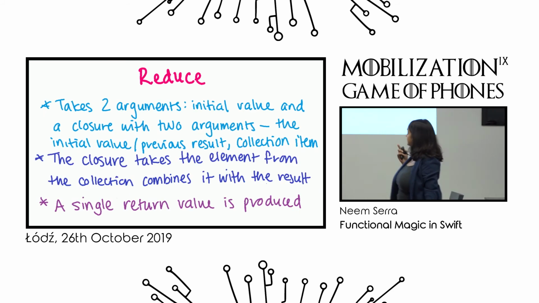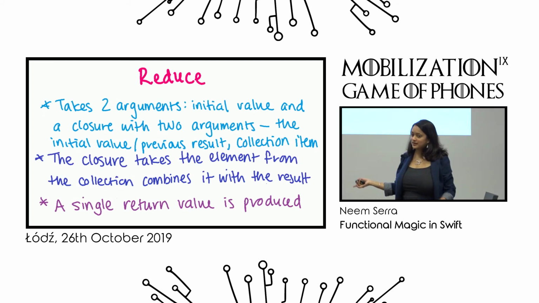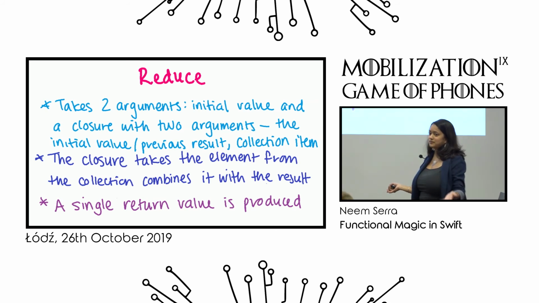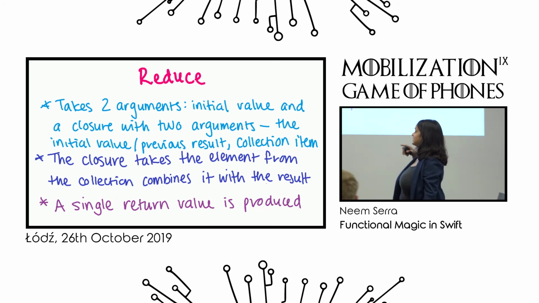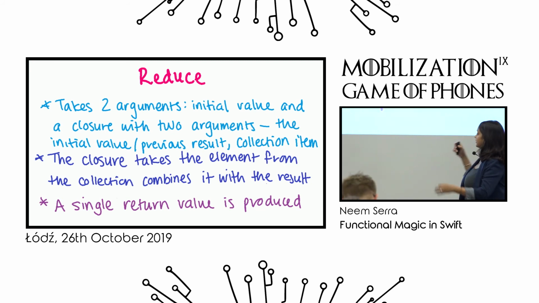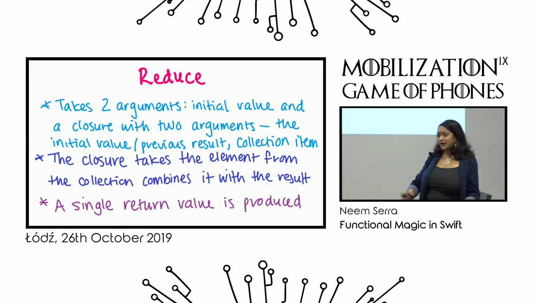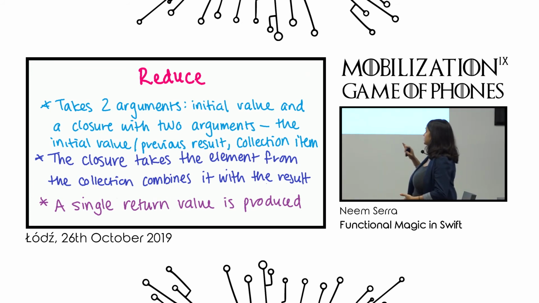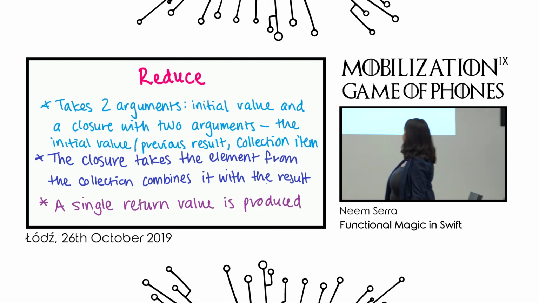So reduce takes 2 arguments instead of the 1 like we're used to with map, flat map, compact map, and filter. It takes the initial value and then it takes a closure with the arguments of the initial value of what you're adding everything to, the previous result, and then the collection item.